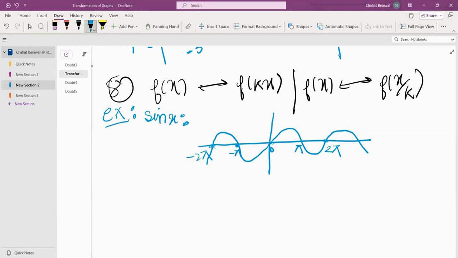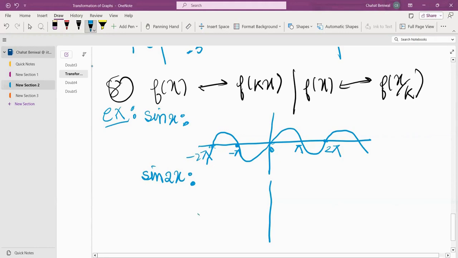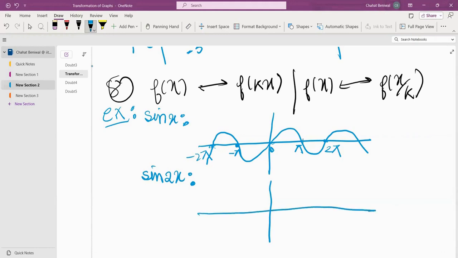Now let us draw the graph of sin 2x. So here k is going to be 2. Very carefully we are going to draw. Let us project these points.